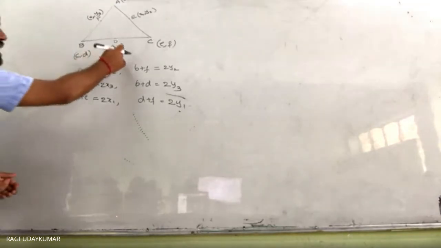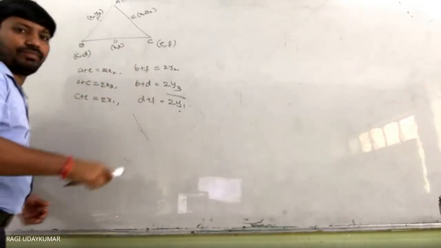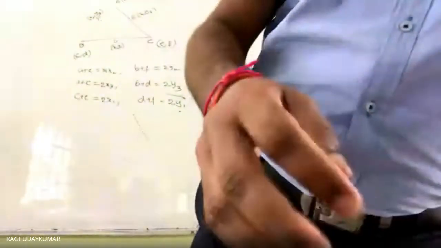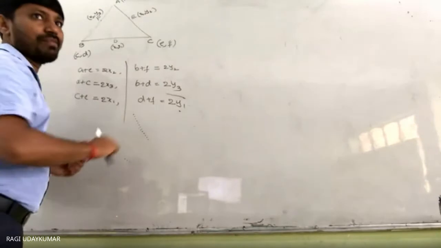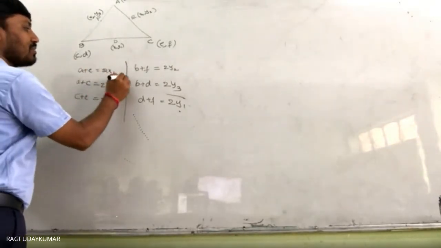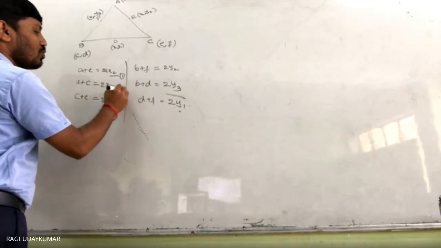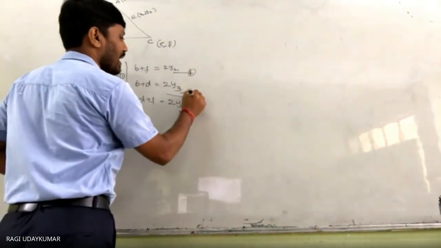See, these three equations you consider as one set, and the other three equations as another set. Consider them as equations 1, 2, 3 and 4, 5, 6.